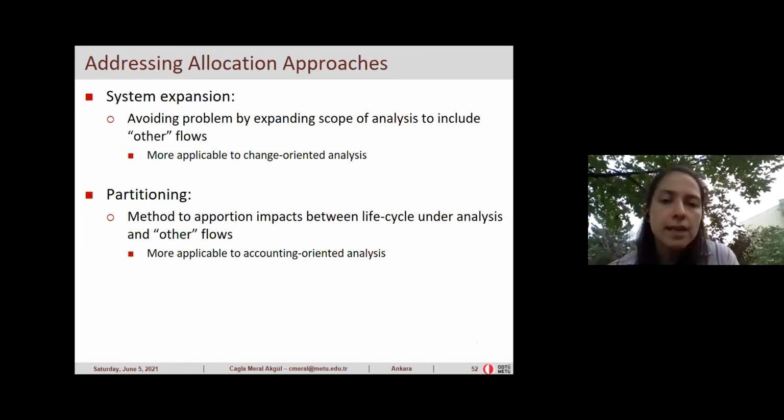Avoiding problem by expanding scope of analysis to include other flows is an option, more applicable to change-oriented analysis, or you can partition it. Basically, if you check other flows and that are more accounting oriented, then you can prefer partitioning. Of course, partitioning is a little bit easier.